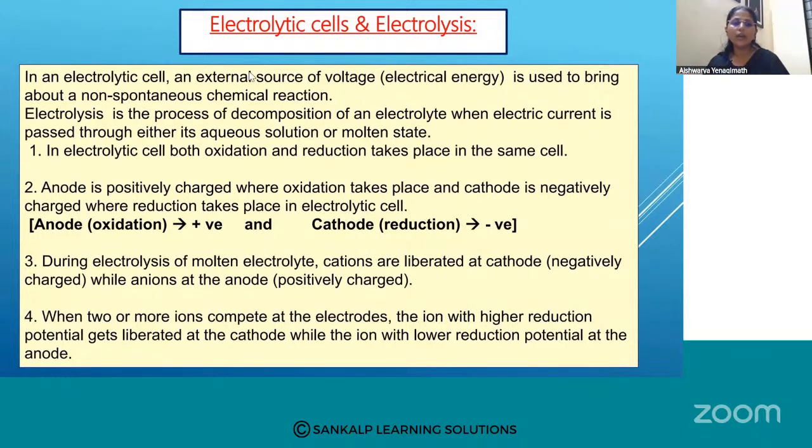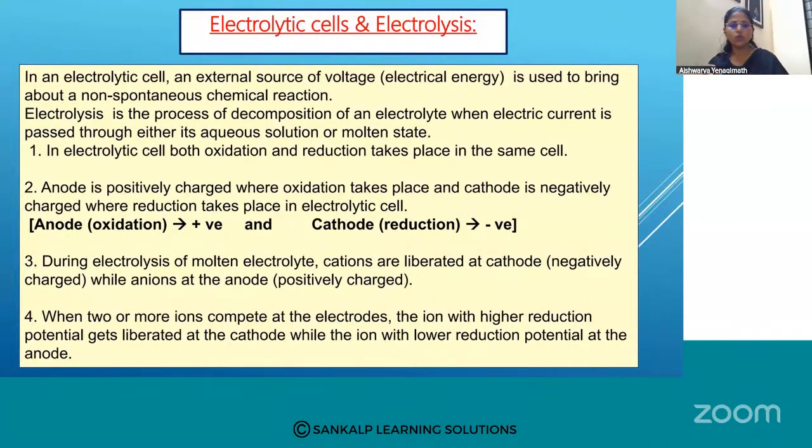Now in the electrolytic cell also, we talk about oxidation and reduction. Unlike in the electrochemical cell, where we were having half cells, one side the oxidation half cell, another side the reduction half cell. Oxidation is at the anode, reduction is at the cathode. At the anode there was loss of electrons, at the cathode there was gain of electrons.